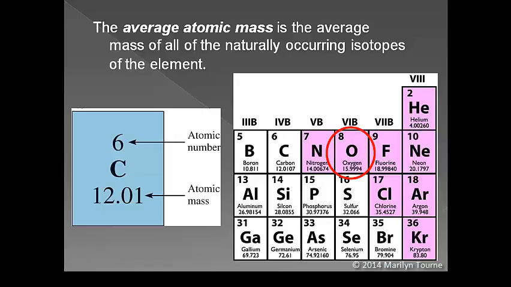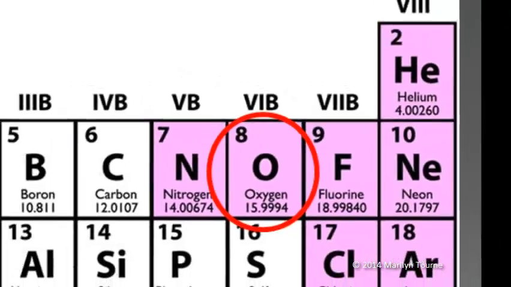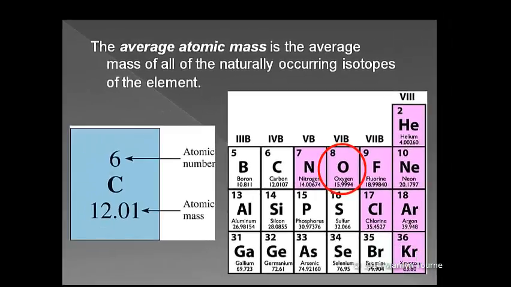The figure on the left shows what you would see in the front cover of your book. So if you look, carbon has 12.01 atomic mass. What you see on the right is from another chemistry book, which you can see is a little bit more accurate. It has more significant figures. So if I was to ask you what the mass of oxygen is, you would say 15.994. In your book, if you look, oxygen is 16.